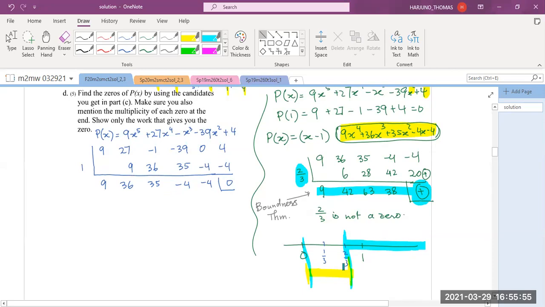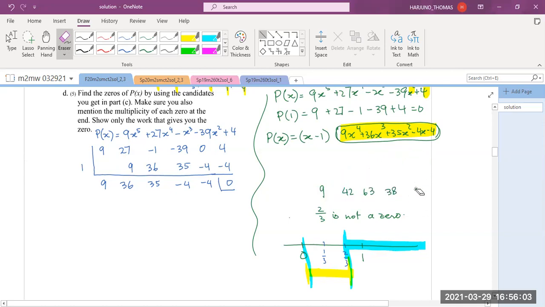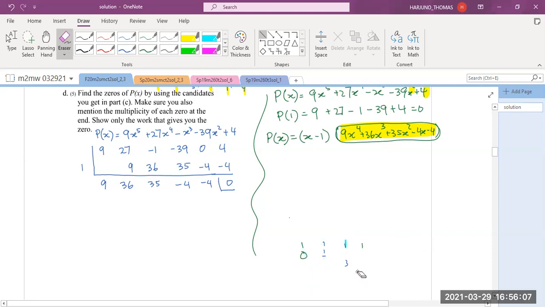Okay, now between 0 and 2/3, is there any rational zero that I can try? Then you look back into your rational zero theorem and pick another number between 0 and positive 2/3. Let me try, for example, 1/3.